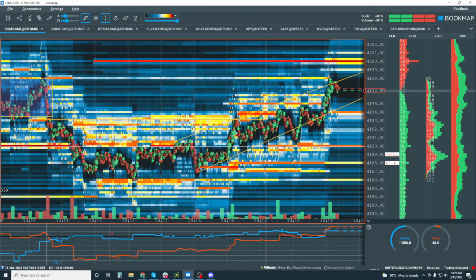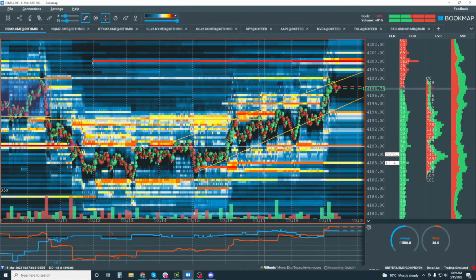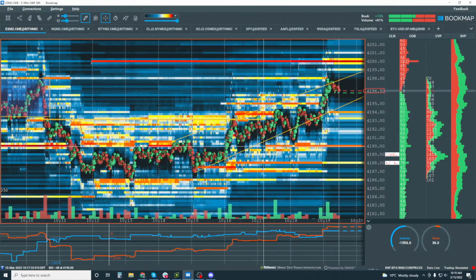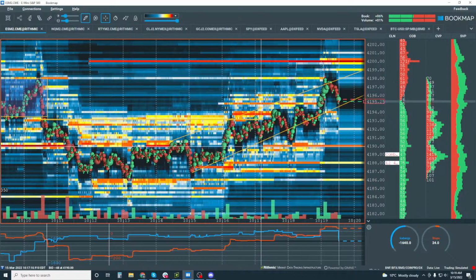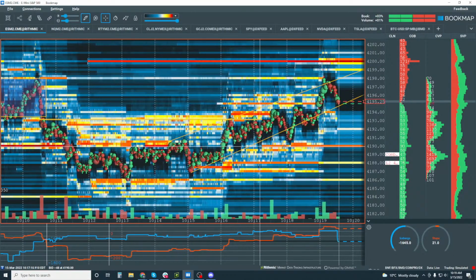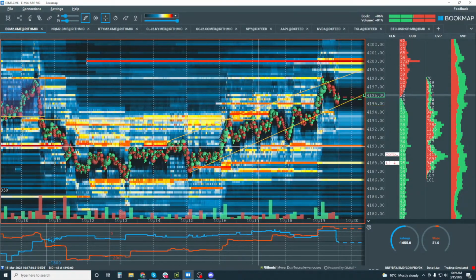Yeah, so anyway, these aren't trade recommendations. This is for education only, but you guys can understand the scenarios here that we're going through.